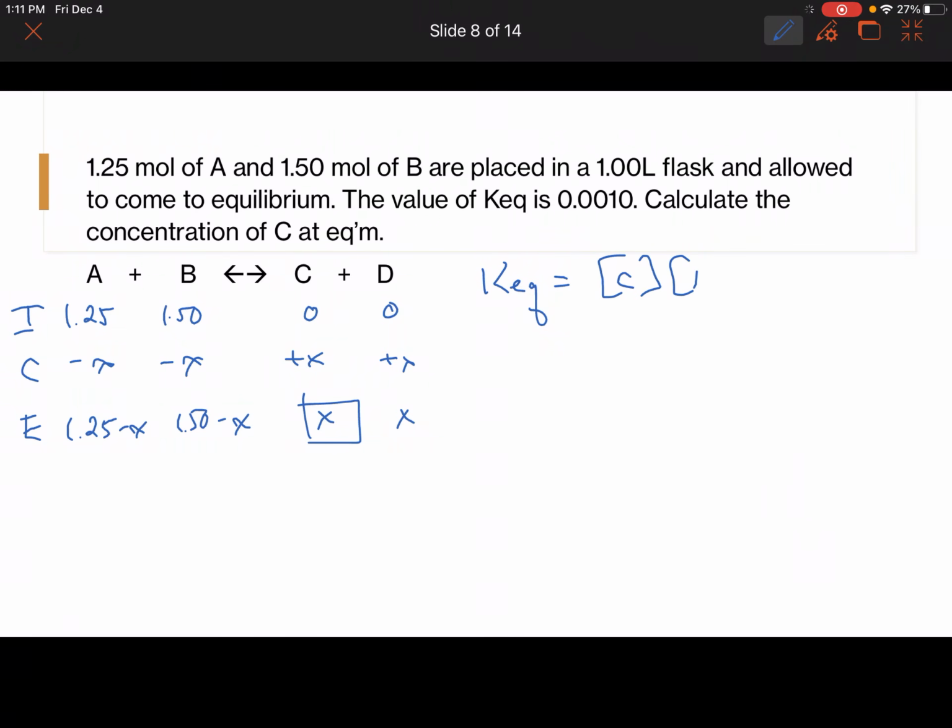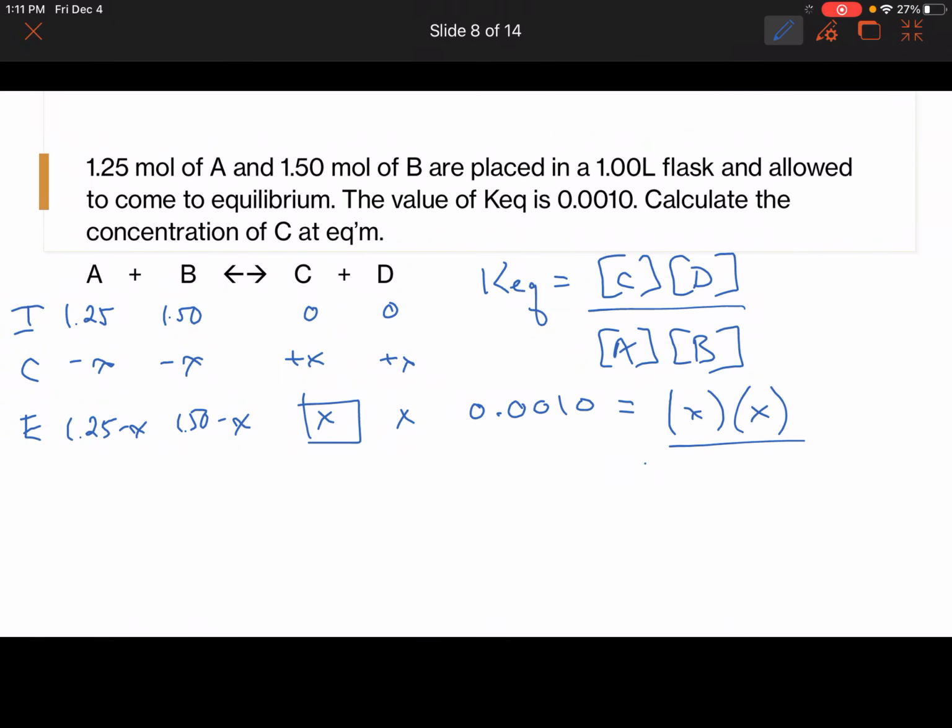So C times D divided by A multiplied by B. Now, if I sub in my values, I've got 0.0010 is going to be equal to, and now C is X, D is X, and on the bottom, it's going to be 1.25 minus X multiplied by 1.50 minus X.